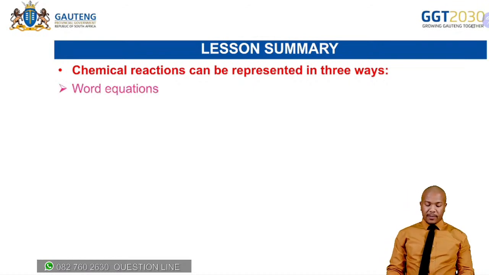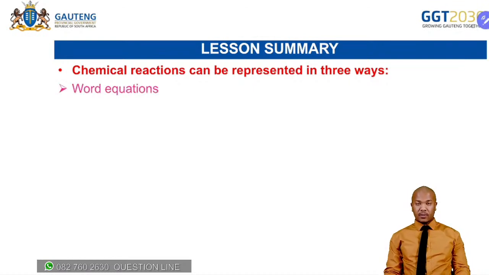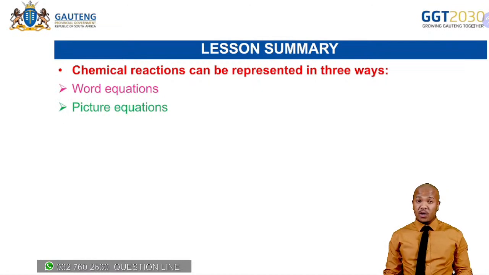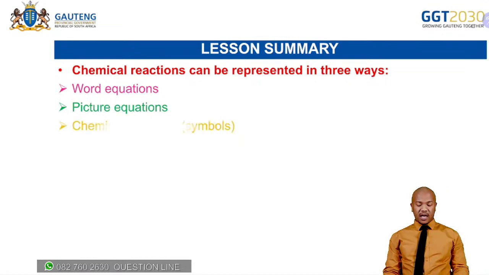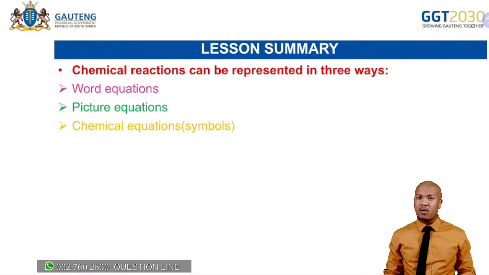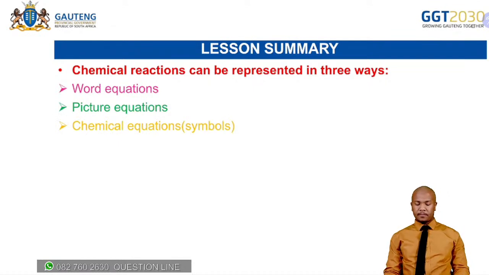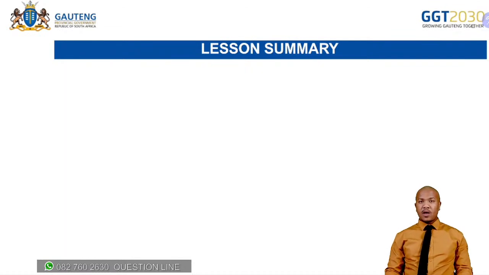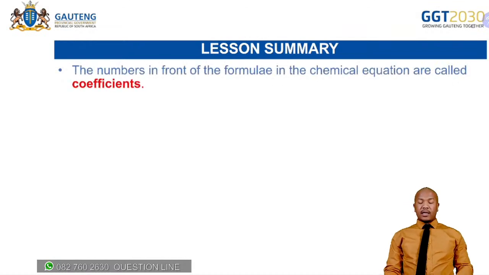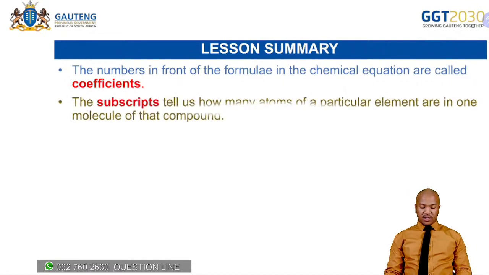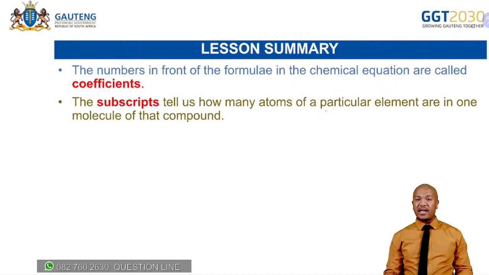They can be represented in word equations, in picture equations, and lastly, in symbols or chemical equations. We talked about a coefficient being the number in front of the formulae in a chemical equation, and the subscript telling us how many atoms there are of a particular element in one molecule of that compound.